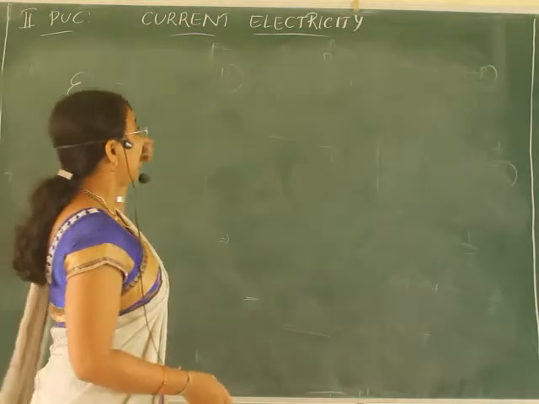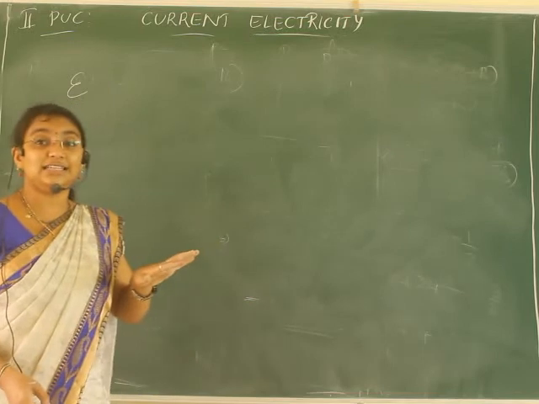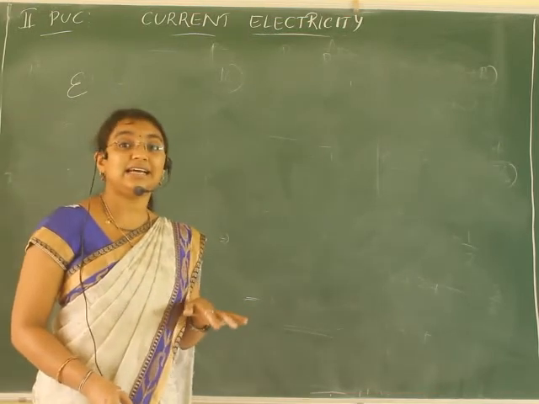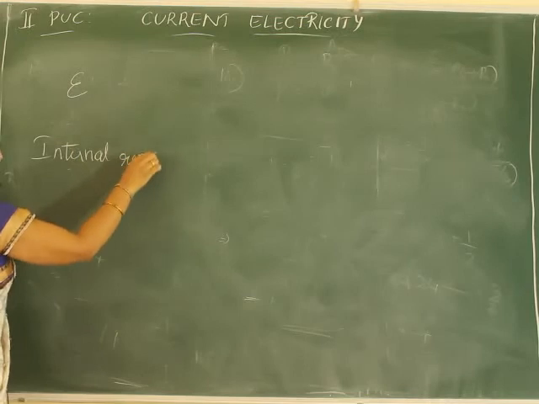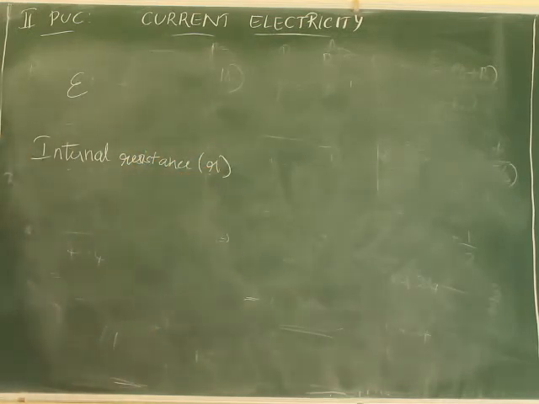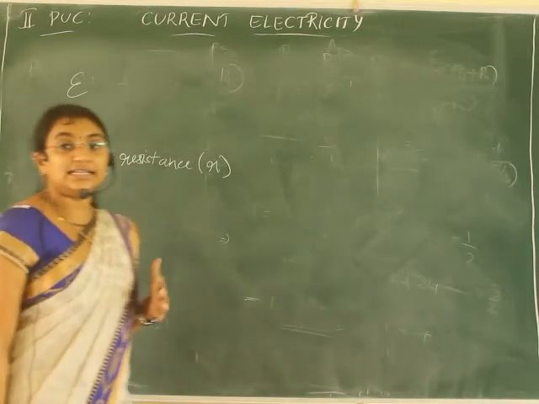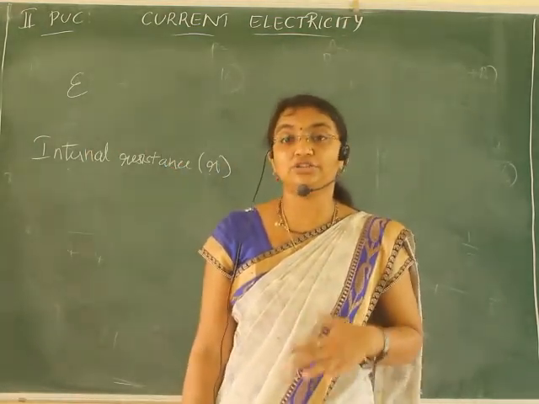For a cell or a battery, its own resistance is called internal resistance, and it is given by the small letter r. It is the resistance offered by the cell to the flow of current through itself.